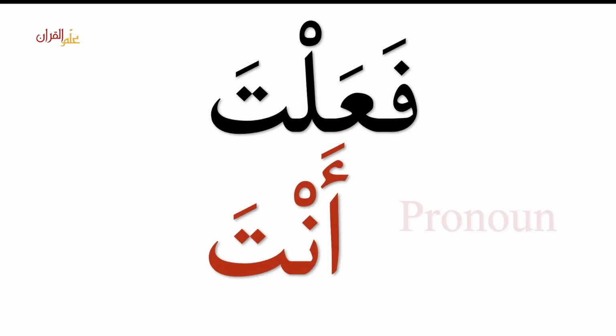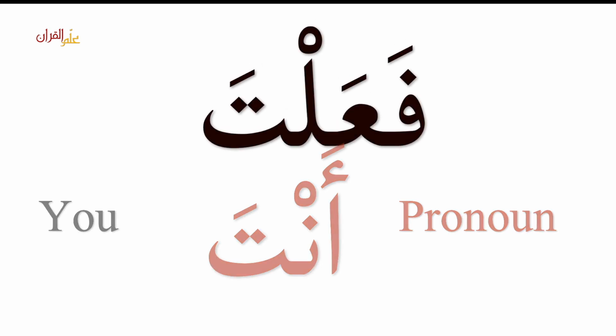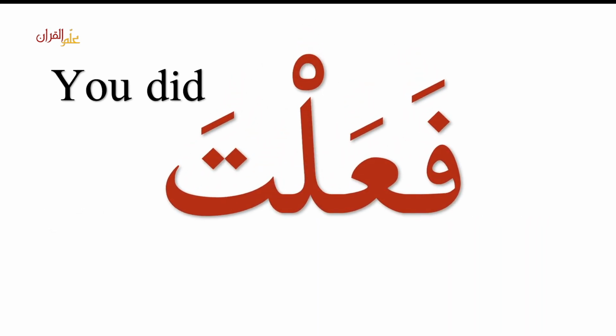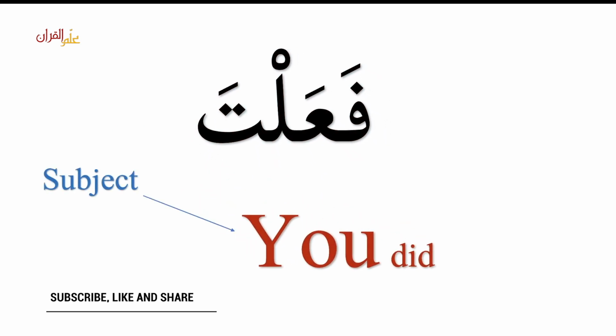There is anta, the pronoun meaning you, in it. So the subject is you, which is in the verb. That ta indicates there's a you subject in it. Fa'alta, you did.